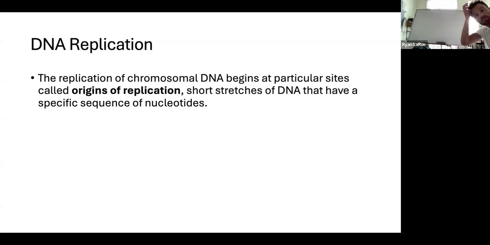They're called origins of replication. They're short stretches of DNA that is just a specific sequence of nucleotides determined by the bases. Like there'd be maybe a 10 or 15 nucleotide stretch, and that's where your replication origin is. That's where replication will occur.